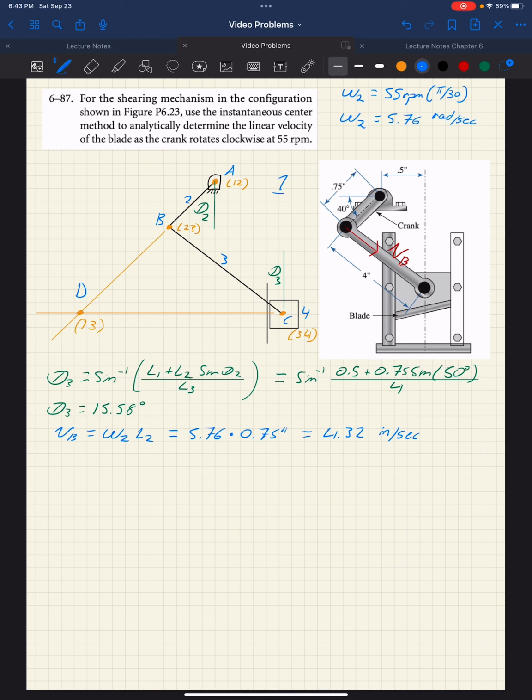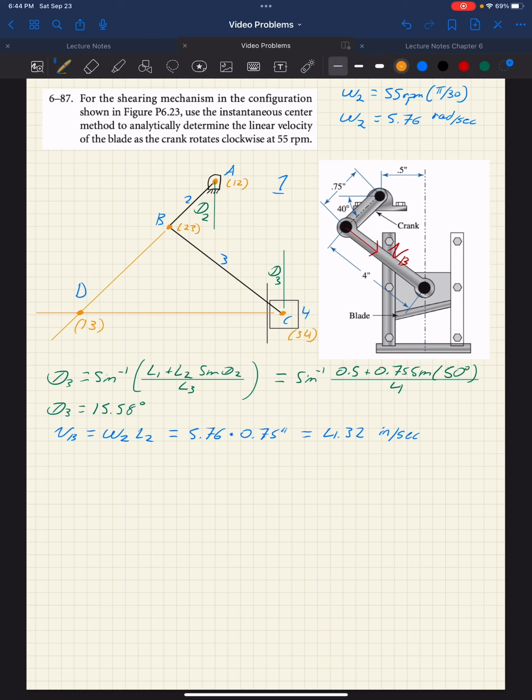We know this angle theta 2, we know this angle theta 3, and we know these two lengths. So we can get the vertical distance between point A and point C, right? And since we'll know that vertical distance, and we'll know the angle that the line AD makes with the vertical, we can easily solve for the total length of AD.